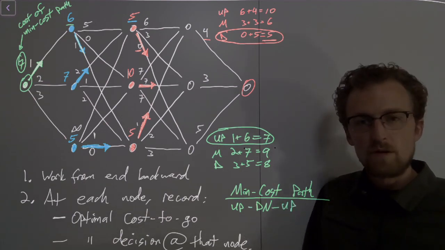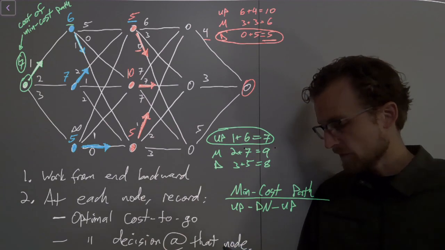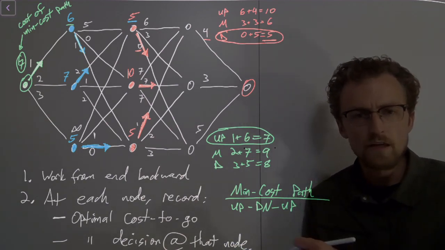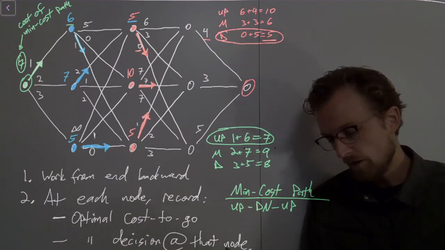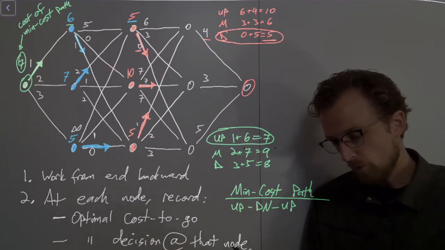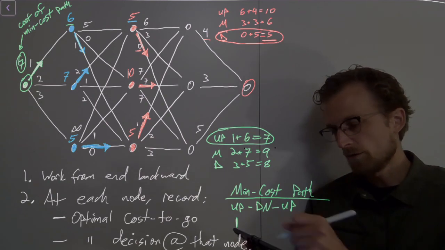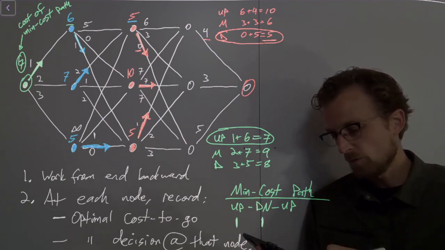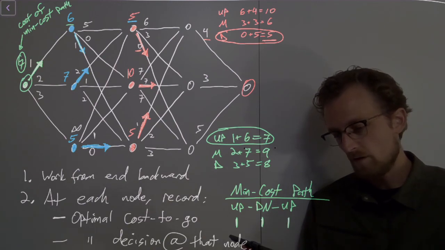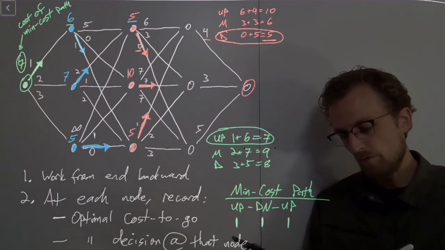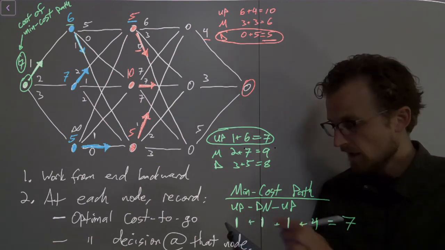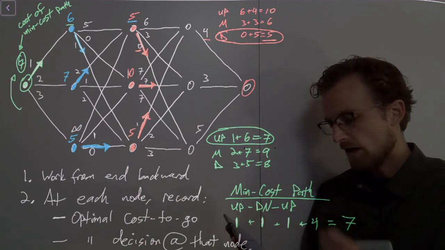The claim is that's a minimum cost path, and we can just verify that it is. What are the actual edge costs that would be incurred if we followed this path? Going from green to up would be a cost of 1. Going from blue to down would be a cost of 1. Going from red to up would be a cost of 1. And then the terminal cost would be 4. And so if I add all these up, I get 7. Sure enough, just like I claimed right here.